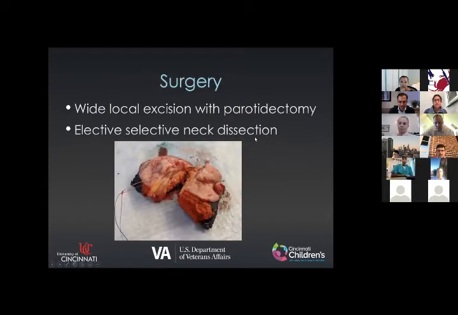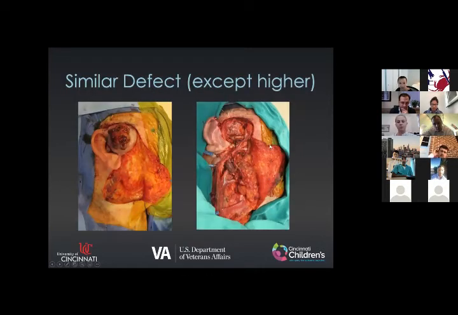So he underwent the wide local excision with parotidectomy, elective neck dissection, take it to the frozen room. I inked it, cut it in half, made sure we were clear, and frozen pathology showed that we were indeed clear. So I didn't have a picture of that particular defect. However, I have a picture of another defect that is similar, except it's a bit higher.